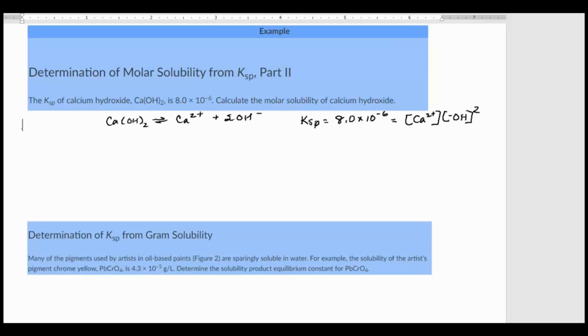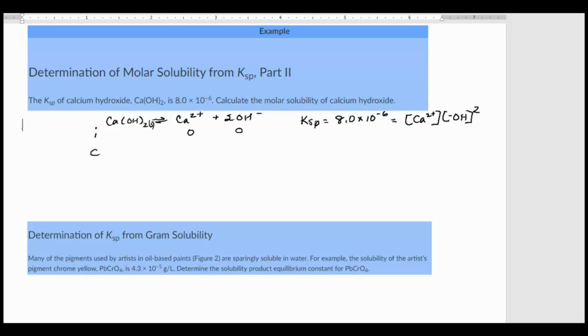Now let's go back to looking at this as an equilibrium. Because the calcium hydroxide is a solid, we don't look at it as having a concentration. But we do look at these products as having a concentration, and initially they have none.